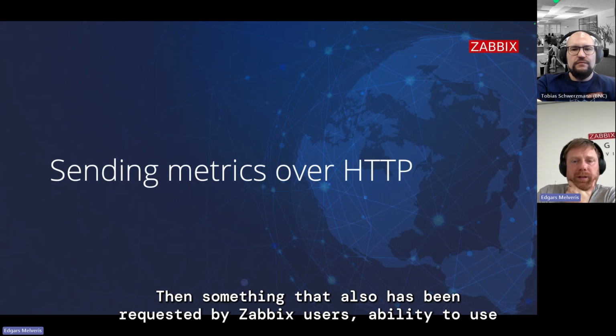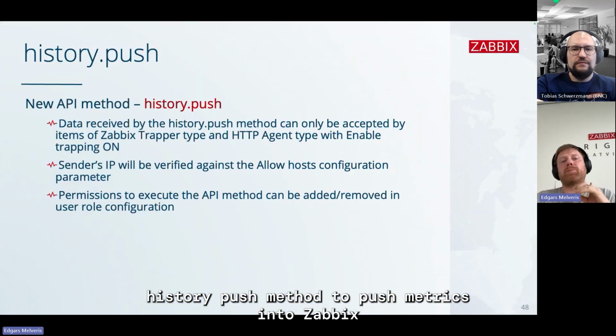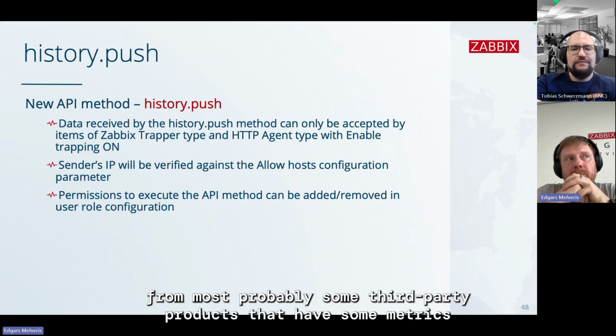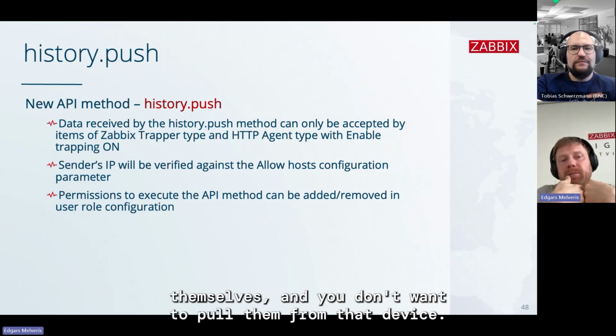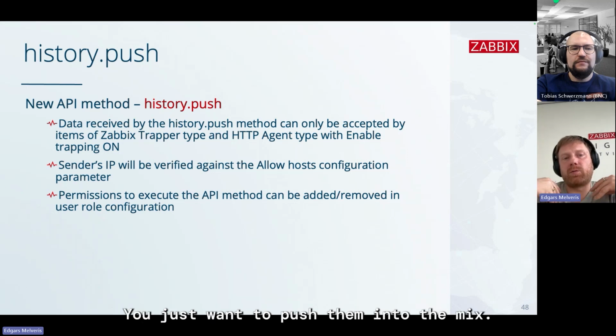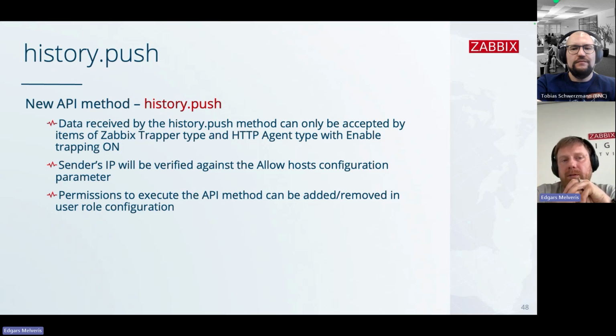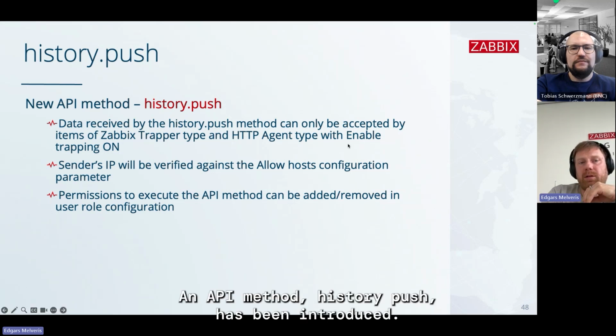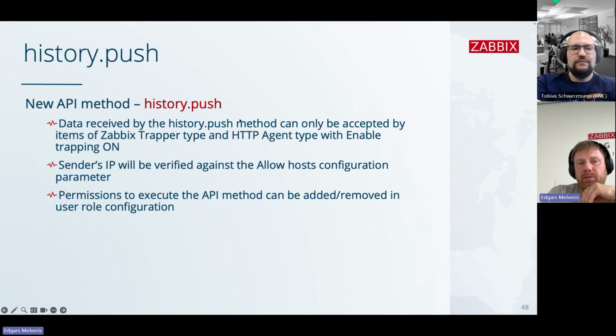Then, something that has also been requested by Zabbix users: the ability to use a history push method to push metrics into Zabbix from most probably some third-party products that have some metrics themselves, and you don't want to pull them from that device, you just want to push them into Zabbix. So an API method history.push has been introduced.